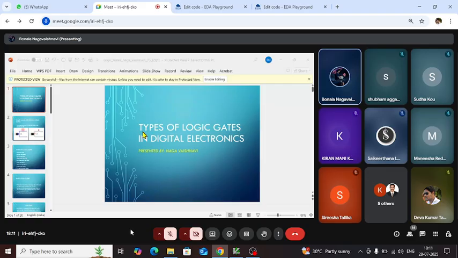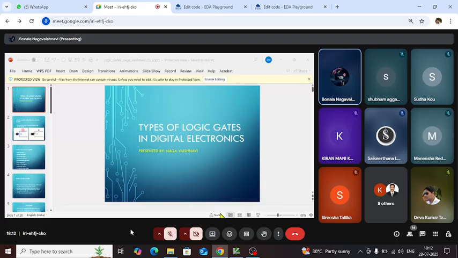So here I have taken a two input OR gate. Here inputs are A and B, and the output is the sum of two inputs, A plus B. Coming to the truth table, 0 plus 0 is 0, 0 plus 1 is 1, 1 plus 0 is 1, 1 plus 1 also we get 1. This is about the OR gate.